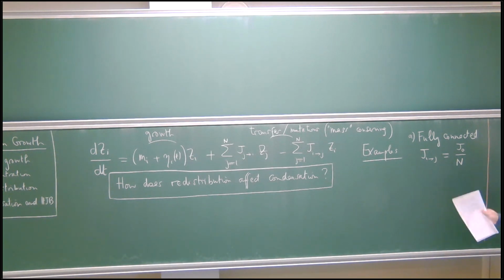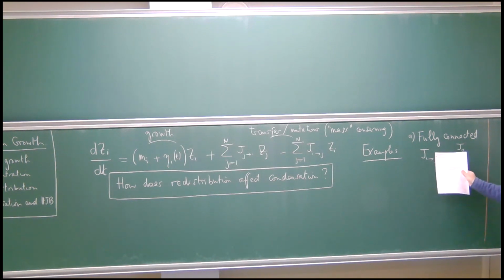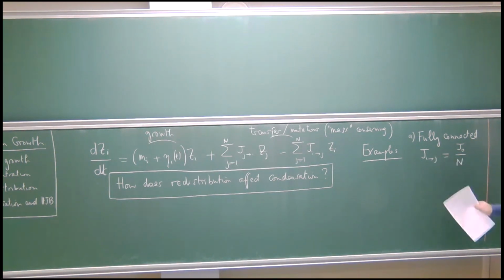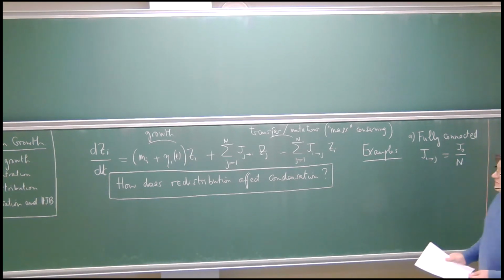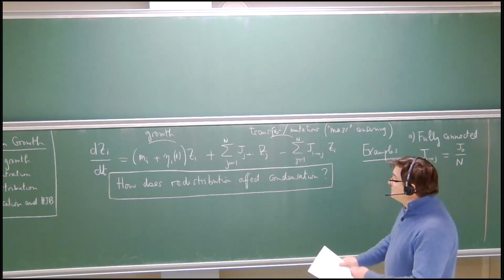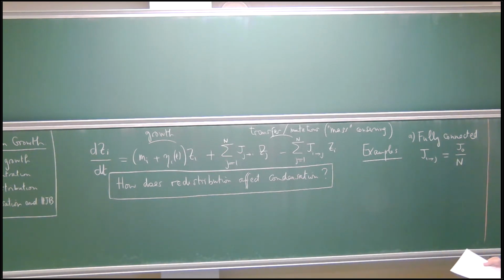And the reason is because you can go anywhere. If you're in city i, you can go to any other city j. The total hopping rate, if you want, is N times J0 over N, so it's J0. So it means that the total moving rate from one city to the next remains constant in the limit of large countries.